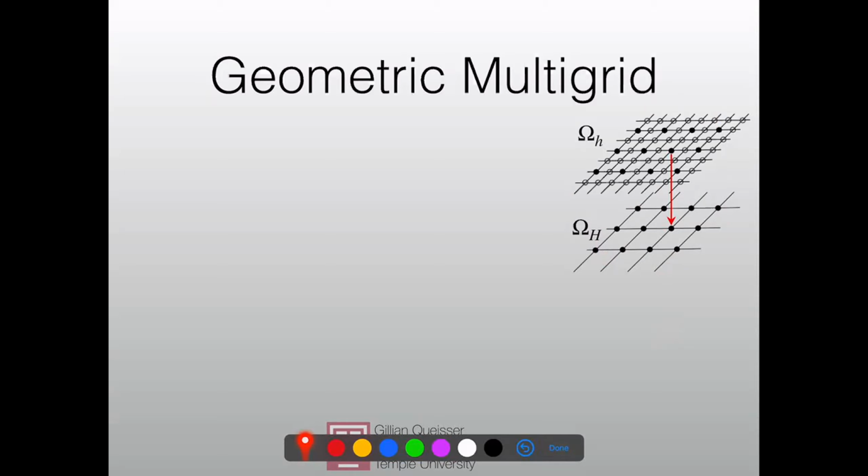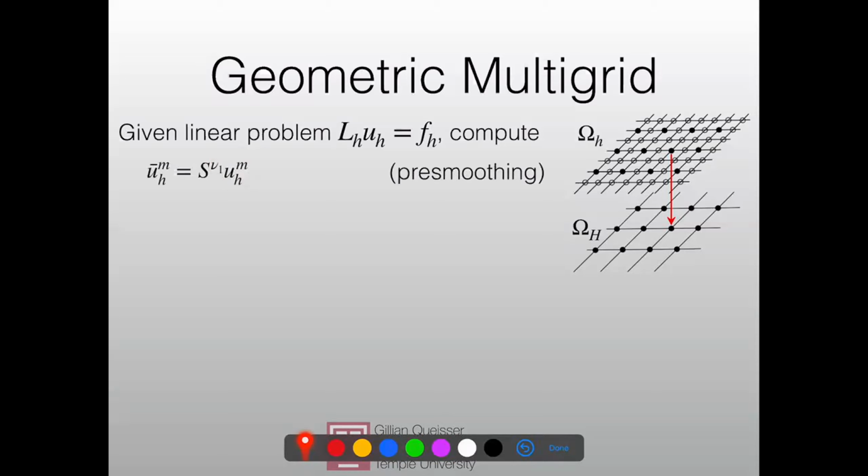So given a linear problem, which we'll call L_h u_h equals f_h, the right-hand side, we're interested in solving for u_h. In geometric multigrid, or in this case the two-grid method, one begins with a pre-smoothing step. That is, you take the current iterate of your solution and apply a smoother, which typically is one of the iterative solvers, which we don't use as a solver, but just exploit as a smoother, which gets rid of high-frequency error components on the fine grid.